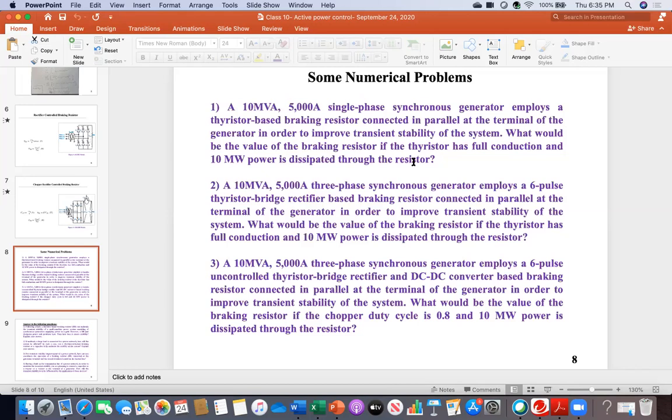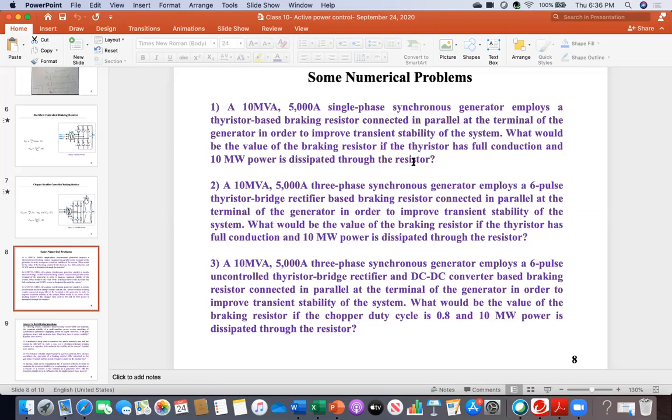And then Lakshmi was talking about the VDC, so it's going to be 3 Vm by pi. What should that number be? Just give me a moment. Lakshmi, you said that is a low number. Then I got 1559.39. Yeah, I got 1102 when I substituted 1154 into 3 VL divided by pi.